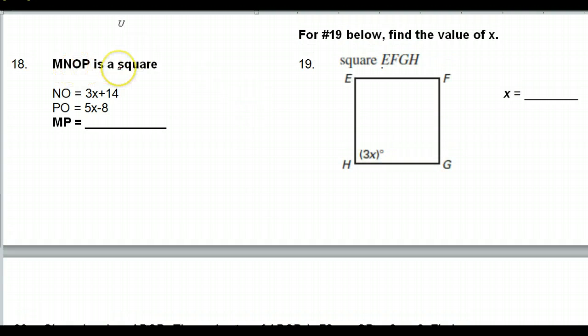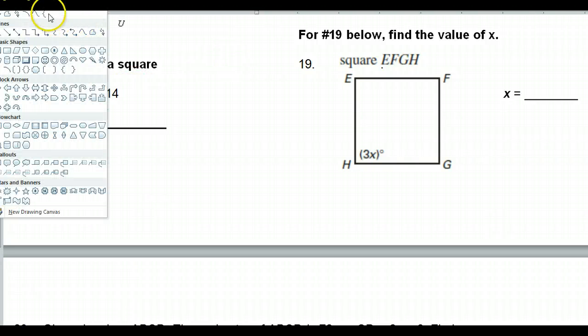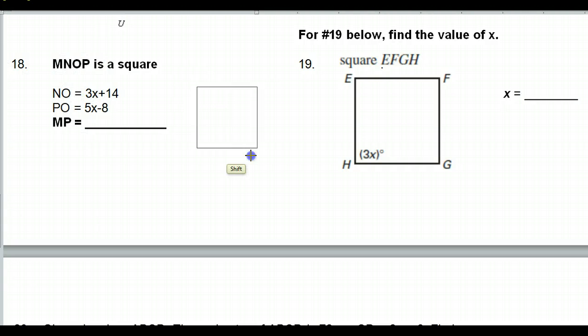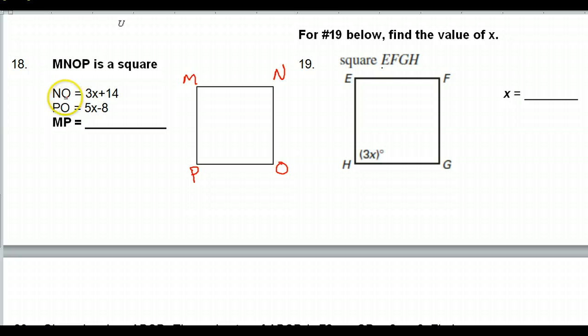MNOP is a square. They didn't give us the picture, but they told us it was a square. So fine, there's a square, MNOP. NO is 3x plus 14, so this is 3x plus 14.